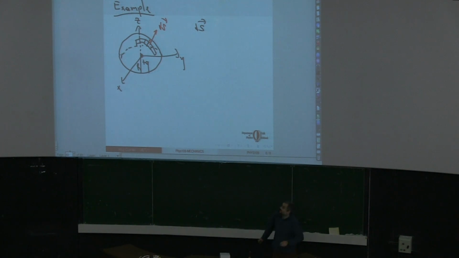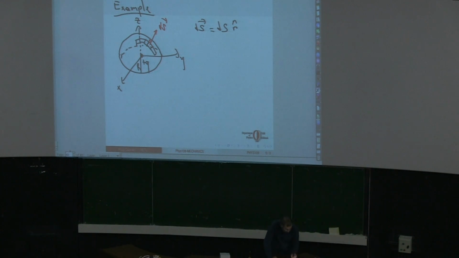But we know that since it's a sphere, it is always pointing in the radially outward direction. So this we can also write as ds, the area of that very small segment, in the r hat direction. This is the radially outward vector.